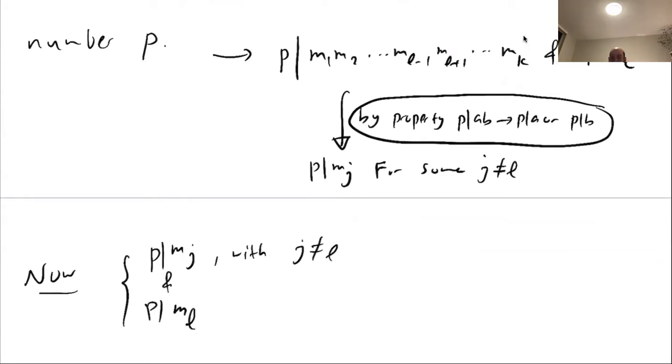The other result here is that P divides ML. So these two together mean that the GCD of MJ and ML must be bigger than 1.